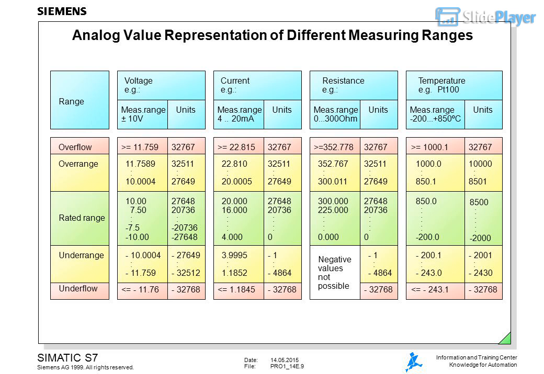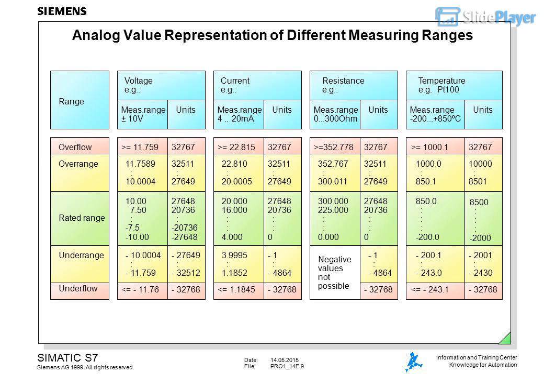Voltage, for example, measuring range plus or minus 10 volts. Units: overflow, greater than or equal to 11.759, 32,767. Overrange: 11.7589, 10.0004, 32,511, 27,649.